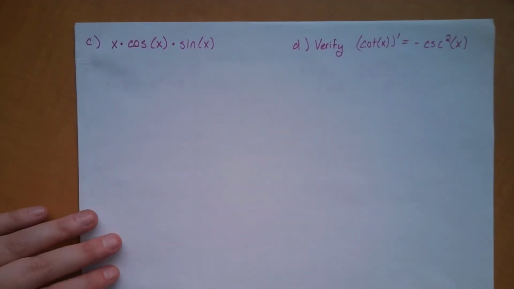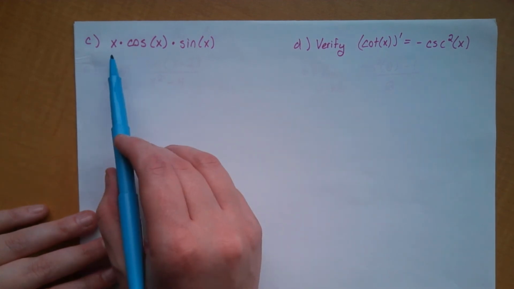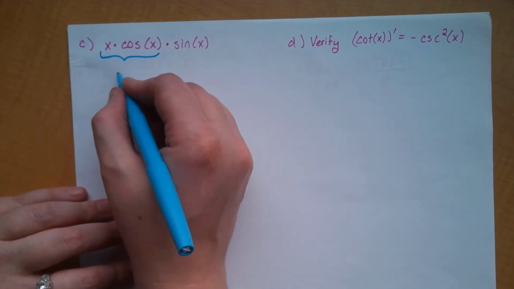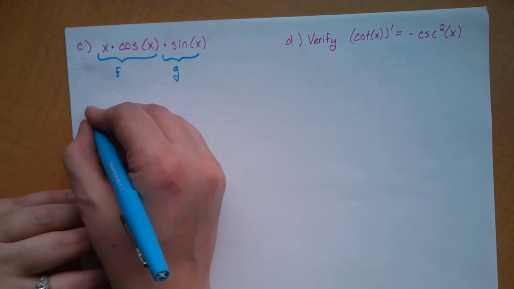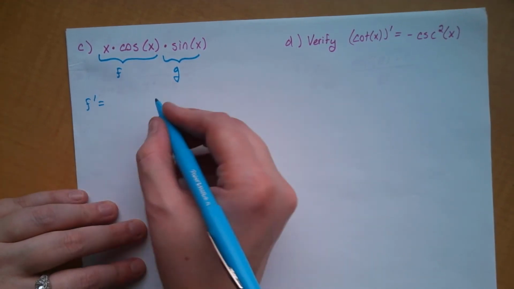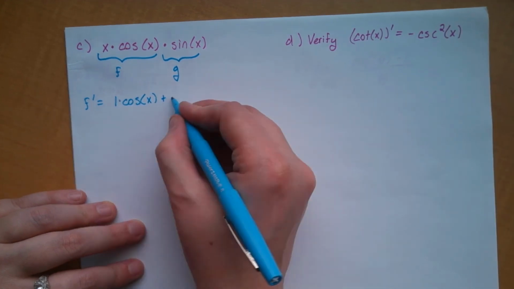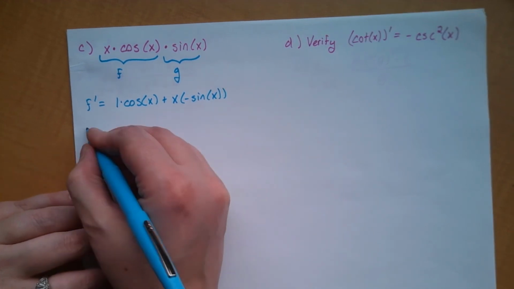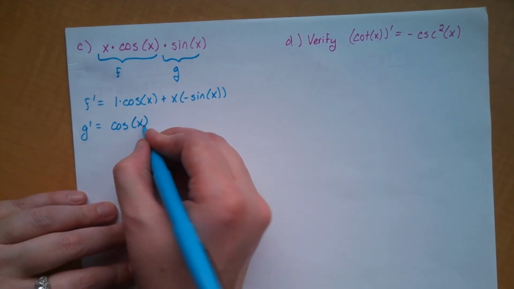Let's keep going. Let's look at evaluating this derivative here. So I'm going to have to use the product rule. So I'm going to let this be my f, and I'm going to let this be my g. So remember, we have to figure out what f prime is. So that's going to be 1 times cosine of x plus x times negative sine of x. G prime is going to be cosine of x.